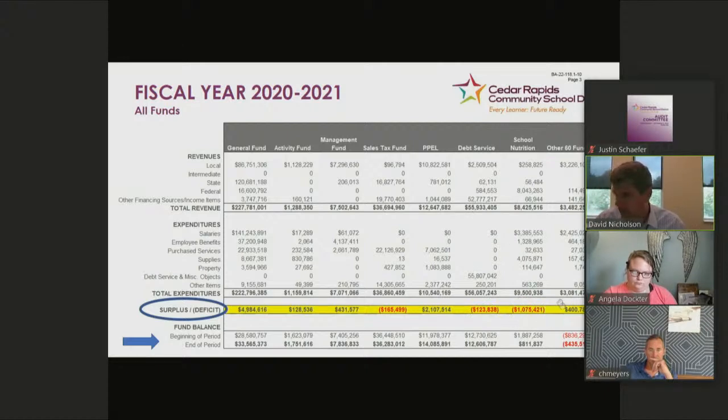We also had a big increase in our IPERS, which is our retirement system, a liability we had to book, because the nutrition fund and daycare funds operate like a business. We have to book that additional liability in the nutrition fund. That was over a $500,000 hit to the nutrition fund, which is why we ended up in the negative.